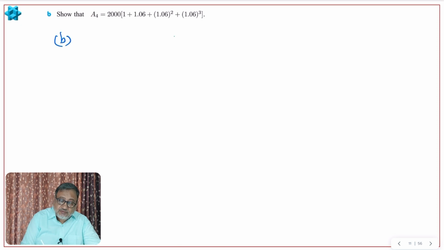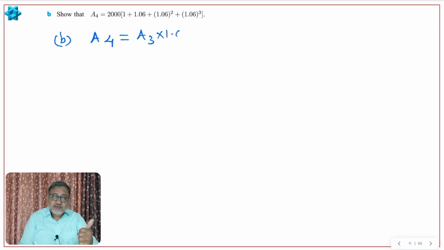A4 will be A3 into 1.06 plus 2000, because the previous term is multiplied by 1.06 plus 2000, since 2000 was added in the beginning.